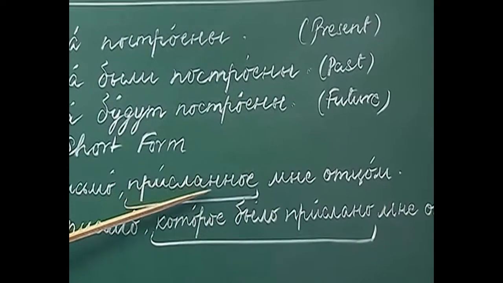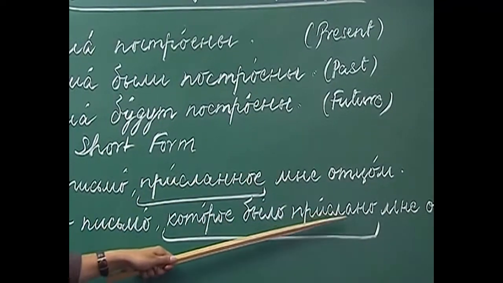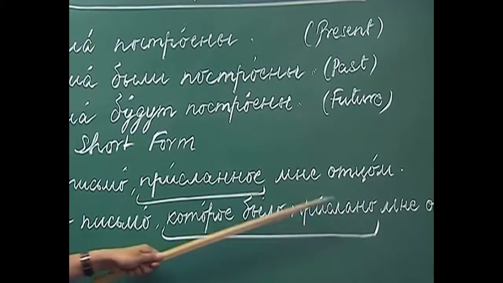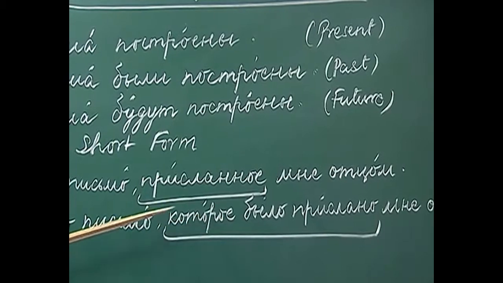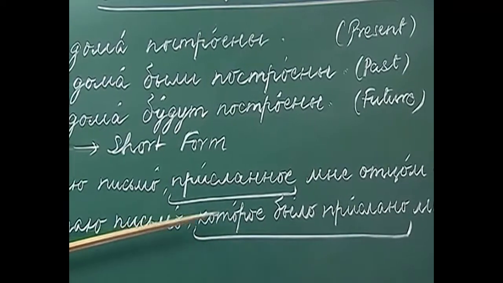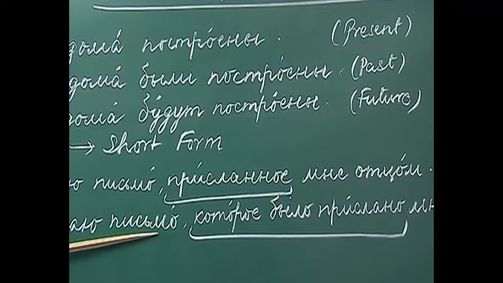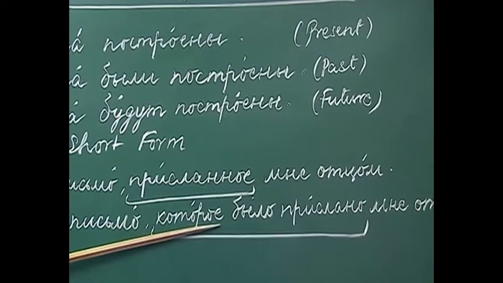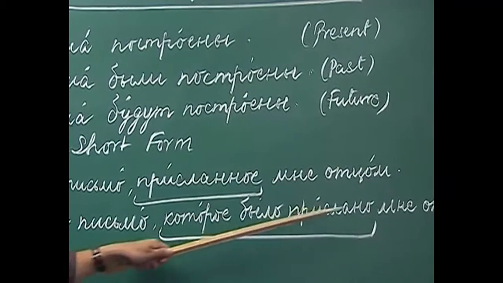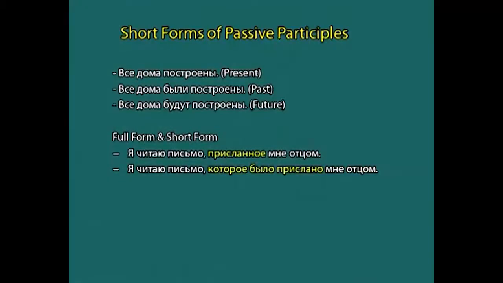So, prislanna, why prislanna? Because it is related to katore, and katore qualifies pismo, which is in the neuter gender, that is why katore is also in the neuter gender and prislanna is also in the neuter gender. So, this is how we replace the full form with the short form.